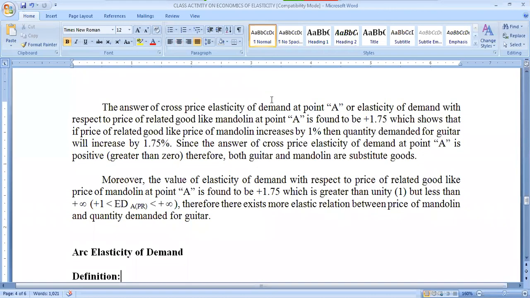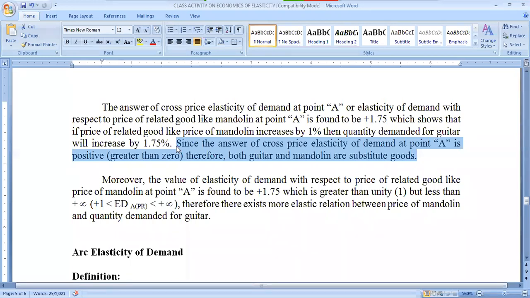So look at this particular understanding. When the price of mandolin has increased by 1%, then the quantity demanded for guitar is increased by 1.75%. Look at this statement: since the answer of cross price elasticity of demand is positive at point A, or greater than 0, therefore both guitar and mandolin are substitute goods.